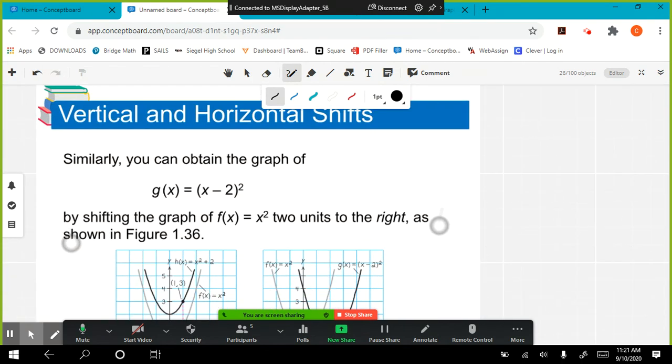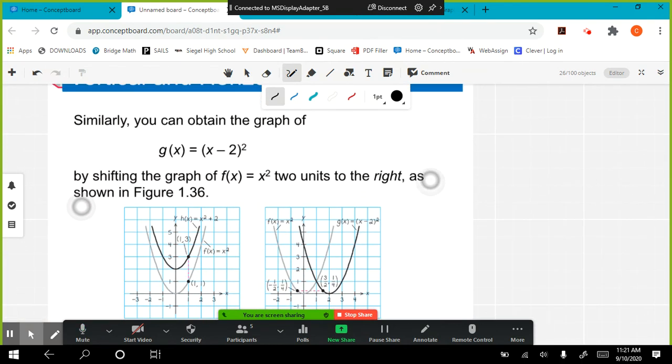Now, vertical and horizontal shifts. Notice the difference. A minute ago, we had f of x equals x squared, and then we added 2 to it, and that caused everything on the graph to shift up 2 units.